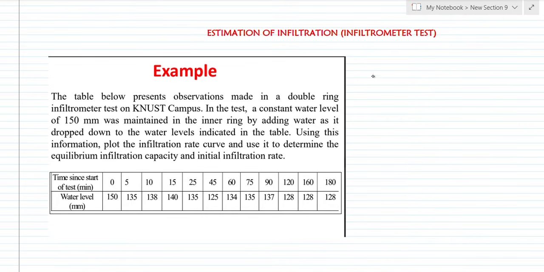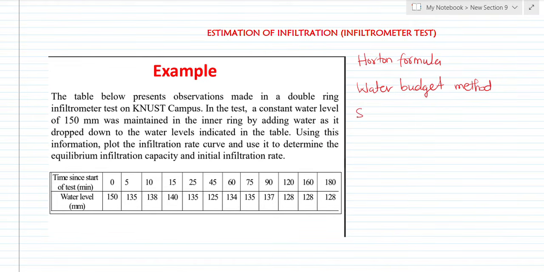Now we have several tests that we use. We can have the modeling method using the Horton formula. The Horton formula is used to model the infiltration process. You can use the water budget method to determine parameters of infiltration.